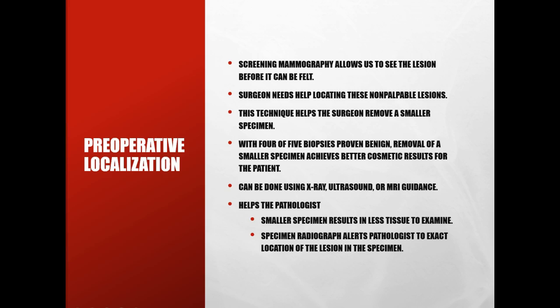It also helps the pathologist because the smaller specimen results in less tissue for the pathologist to examine, so less work on their part. And the specimen radiograph alerts the pathologist to the exact location of the lesion in the specimen.